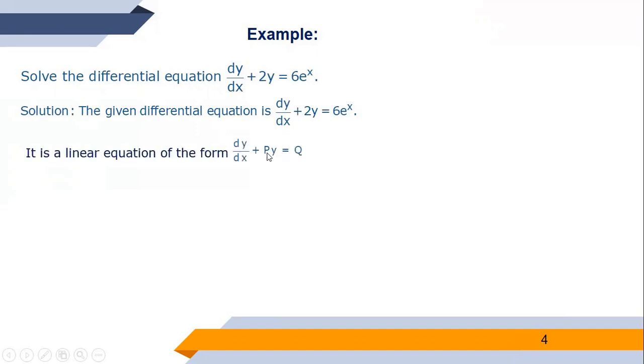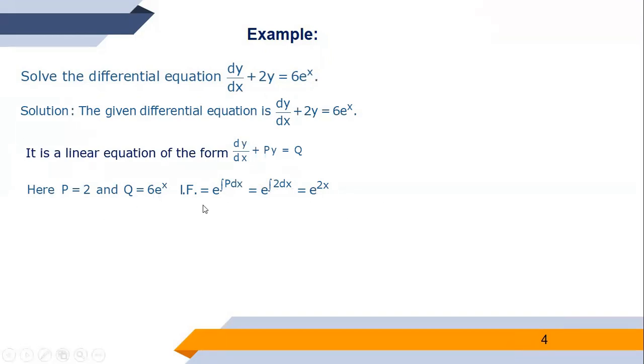So we get p is equal to 2 and q is equal to 6 e raised to x. So obviously first we find the integrating factor. The integrating factor is e raised to integration p dx, which is e raised to integration 2 dx, and that is e raised to 2x.